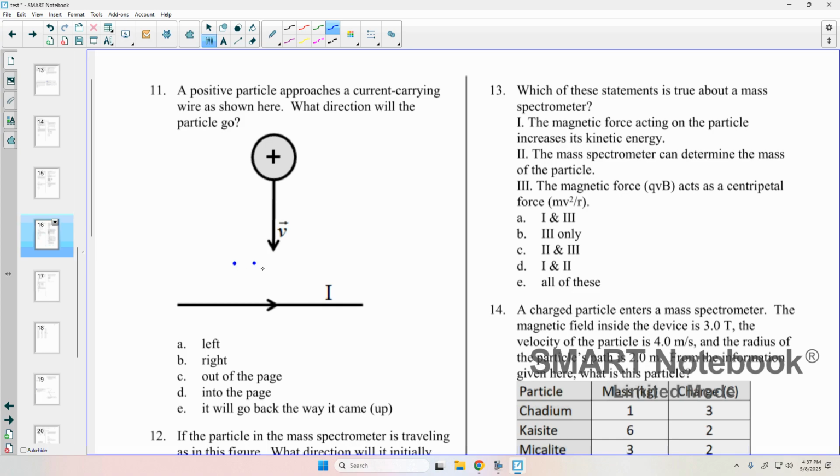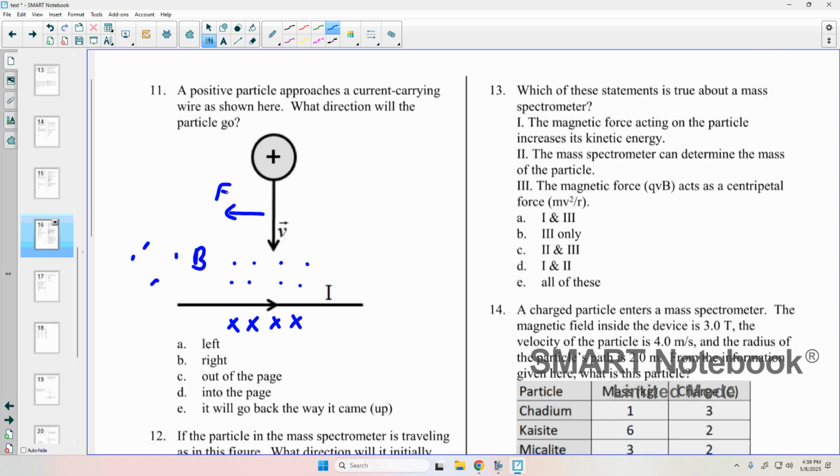So on this side of the wire, the magnetic field is out of the page. On this side, it's into the page, but that's not important to us, right? We just want to know the region where the particle is traveling. So now I have a situation where my velocity vector is down and my magnetic field vector is out of the page. That means that the force acting on that particle is going to be to the left.